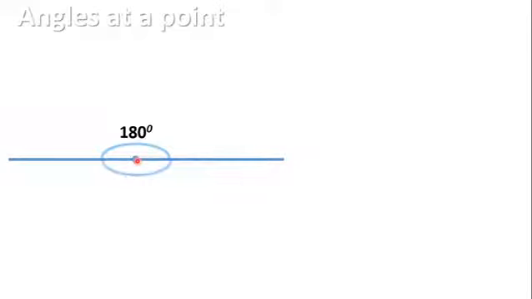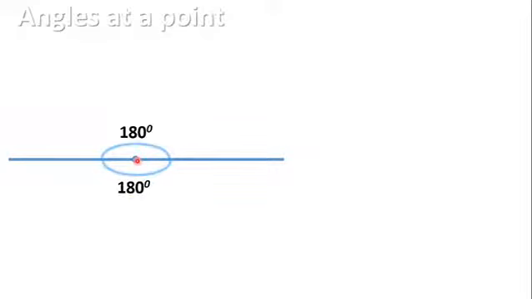So now I'll draw a straight line through that point, and we obviously know that the upper part of this straight line has an angle of 180 degrees, because the sum of angles on a straight line is 180 degrees. And if I turn to the other side, the lower part, that's 180 degrees as well.